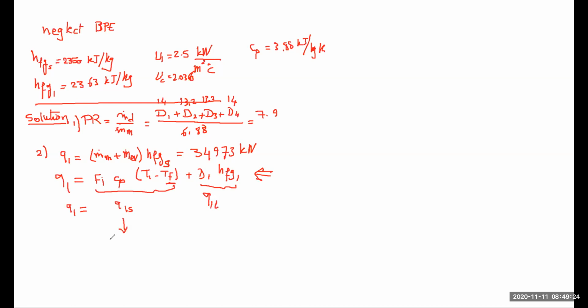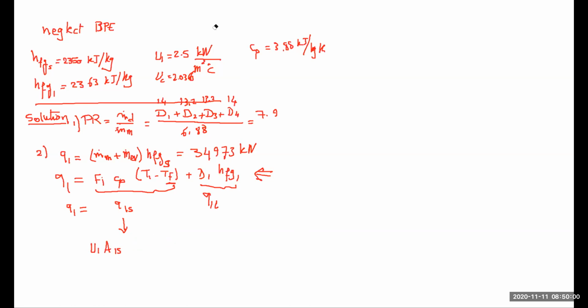This Q1 sensible is basically the value of the overall heat transfer coefficient 1 into area 1 needed for sensible heating into delta T, which is basically T vapor entering minus current temperature of that effect, which is 58. Whereas, sorry. I made a mistake. I switched them.